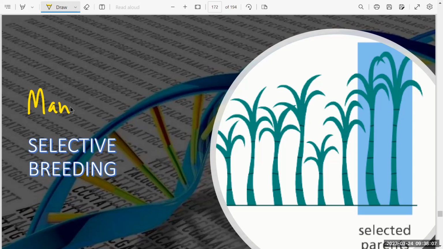For example, we can understand the concept in a very simple way. Even in the history, the farmers, they select the plants which are giving high yield. So then they use these higher yielding plants for the next cultivation.